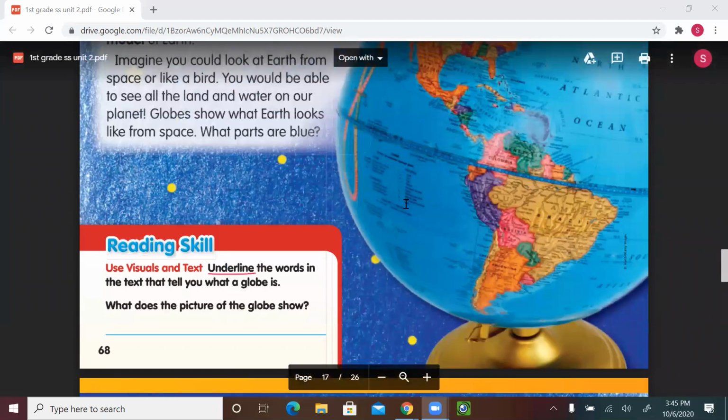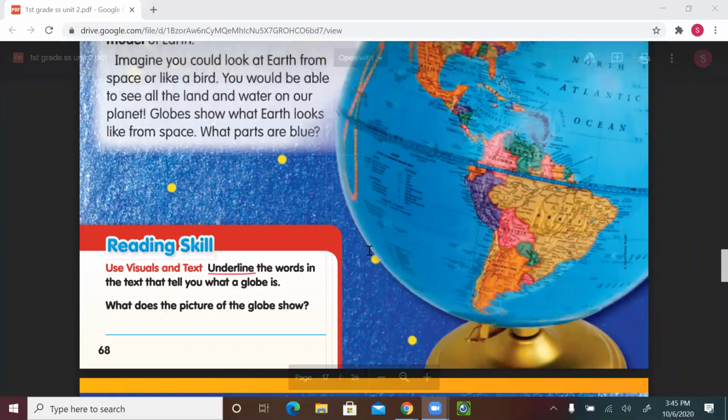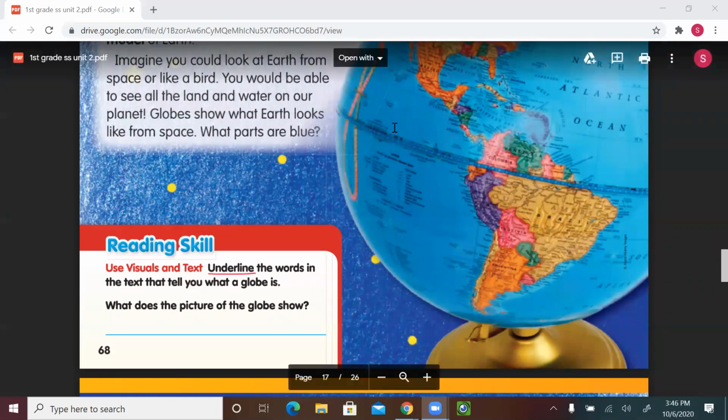Now we know what a compass rose is. So you can draw it somewhere here, and you need to show the north, the south, the east, and the west. You can just put it in any part of your globe here. And you know the north is on the top, the south on the bottom, the east on the right, and the west on the left.